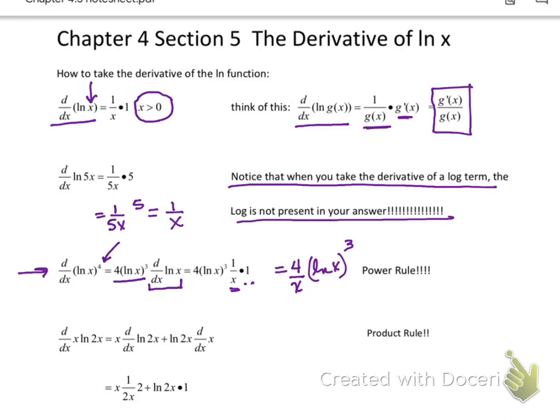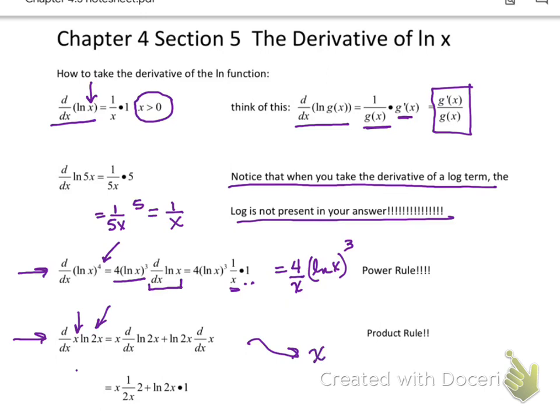Okay, here be on the lookout for the product rule. Look what happened. You have an x times natural log of 2x. This x is not a coefficient, that x is a function. Natural log of 2x is another function. So let me do my work over here, but you can see the final answer right there. I'm going to say left, d right.